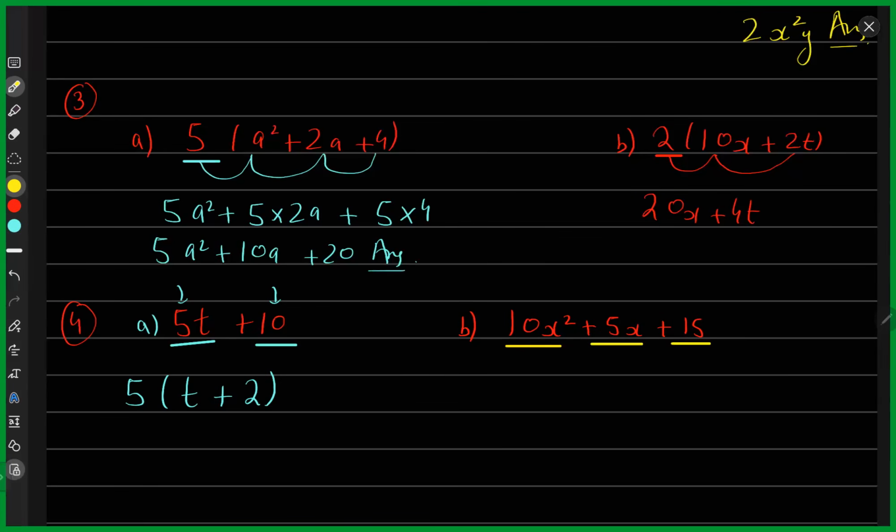So I can't take x common. Let's talk about numbers or the coefficients. So every coefficient is basically a multiple of 5. So what I can do is I can take 5 out and I would be left with 2x squared plus x plus 3. This is how we do it. Whatever number I'm taking common, I'm supposed to divide all the 3 terms by that and this would give me the answer.